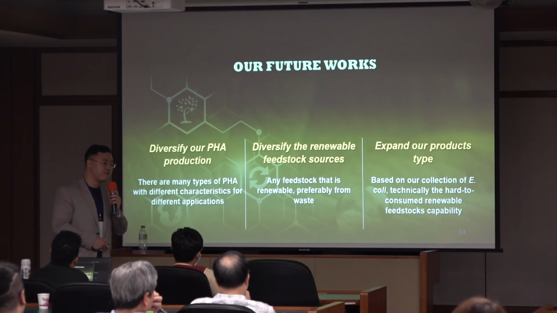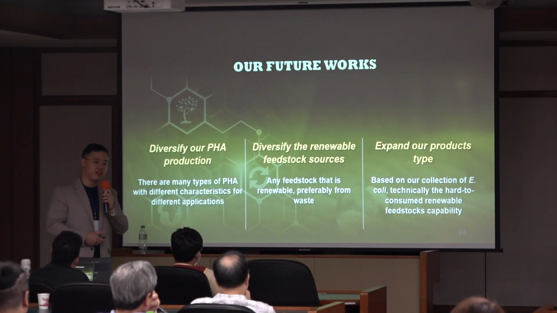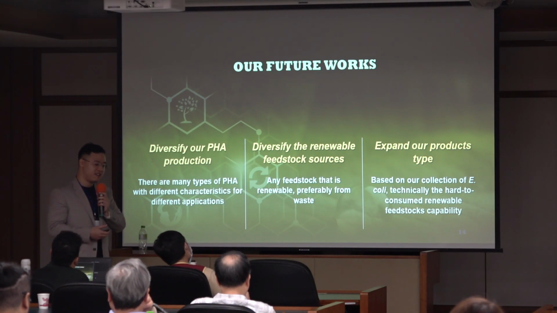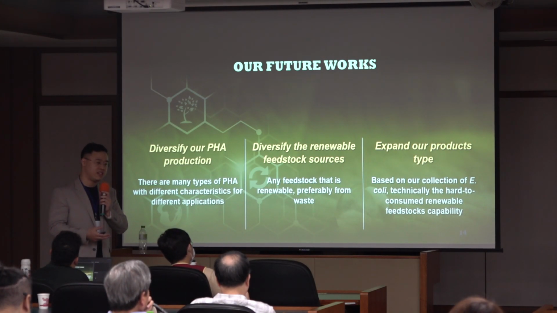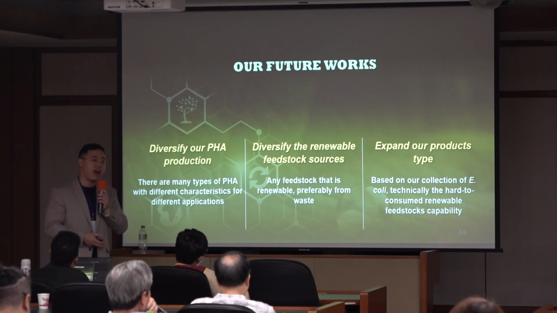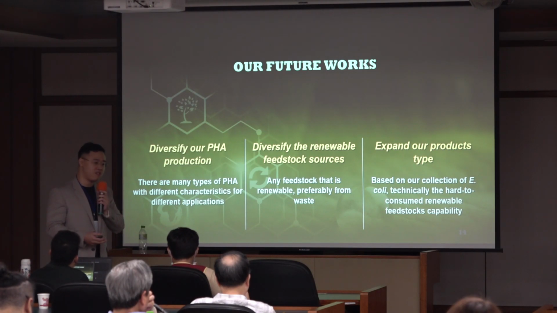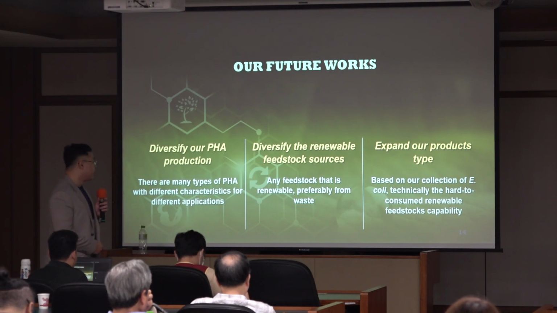So right now, we already developed the strain that can consume crude glycerol effectively, and we also have the strain that can consume something like cellulose hydrolysate. So that is our next target. Maybe use those waste feedstocks to produce added value products.